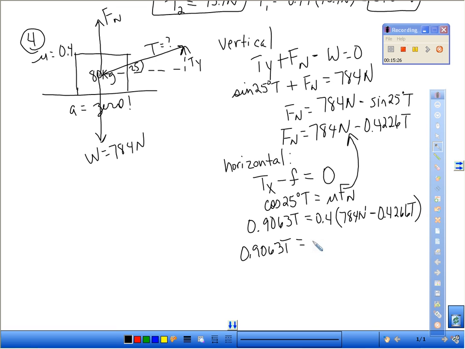So I'm going to multiply 0.4 times 784, and that's going to give me 313.6 newtons. Minus, I'm going to multiply 0.4 times 0.4266, and I believe I'm going to get 0.1609 T. I need to get this T over to here. So I'm going to do that by adding.